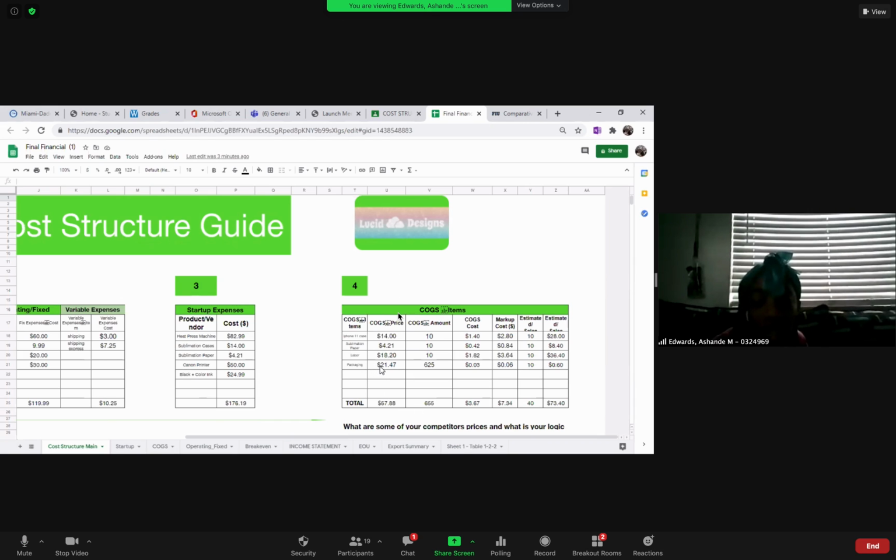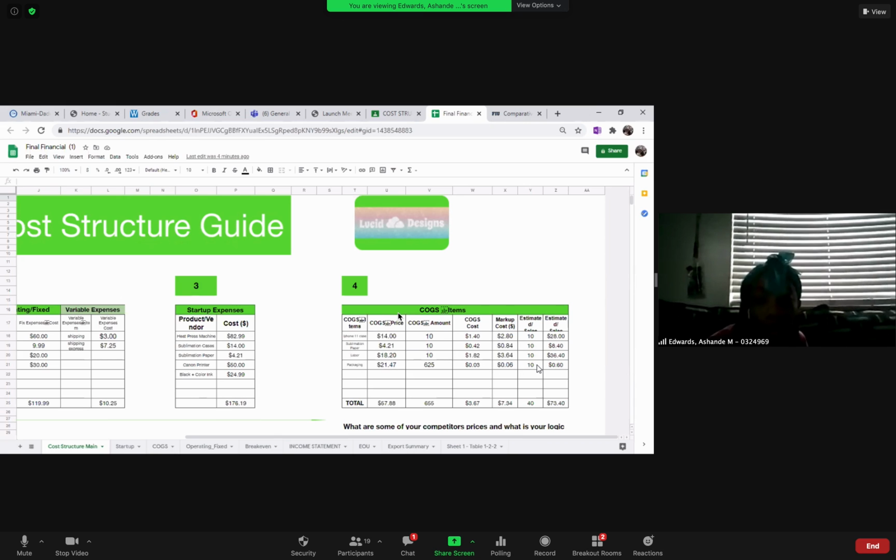My packaging, this one I did what I would put in my packaging. So I added the total cost of everything, like the stickers, the envelopes, the phone case, all that. I put that in there, and I got 21.47. 6.25 because the rolls of stickers and stuff like that, they come with a lot. So I just added it all together, did the math, marked up.